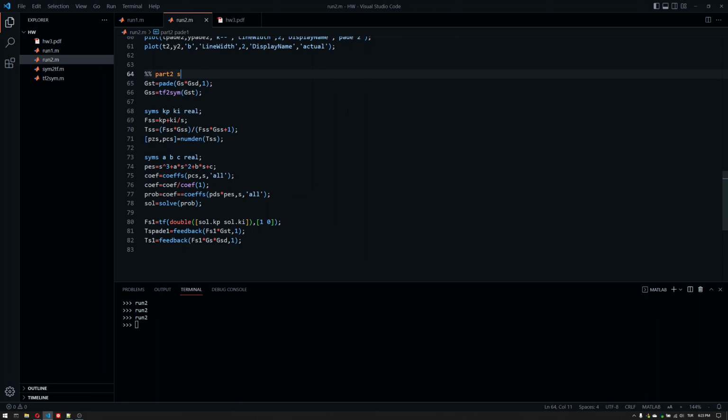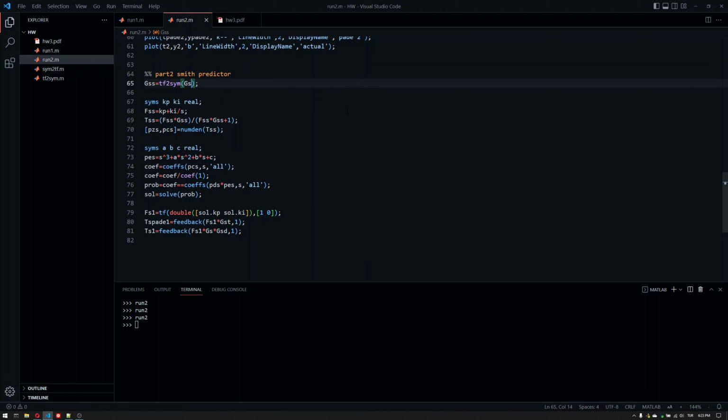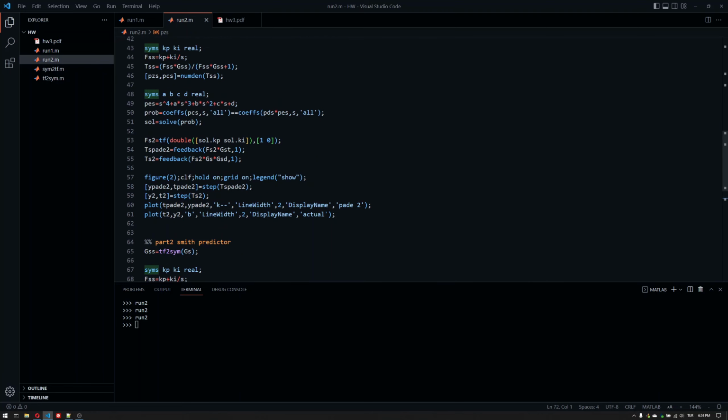So, Smith predictor. In the Smith predictor, we know that we actually don't need anything at all. We're just going to take the system and use a PI controller and then design the PI controller.